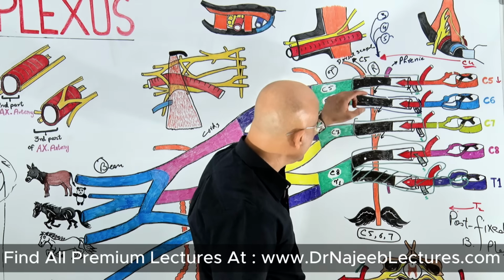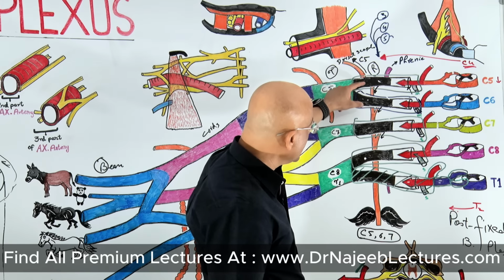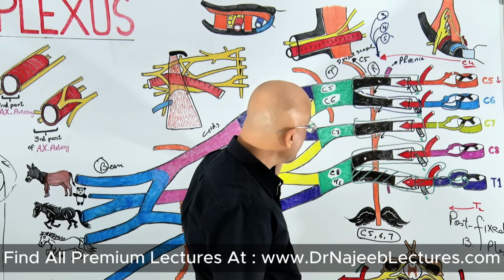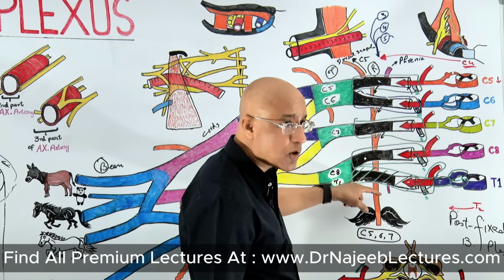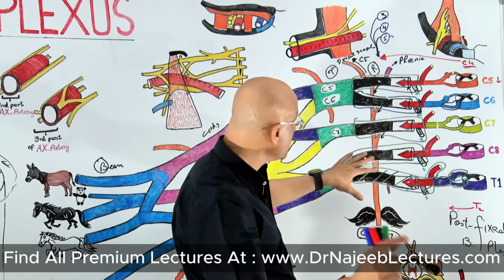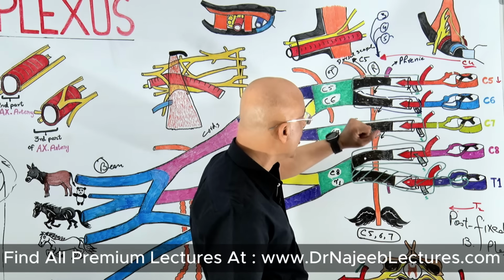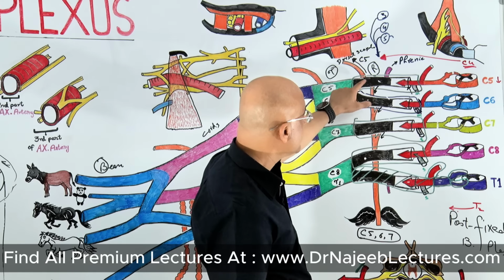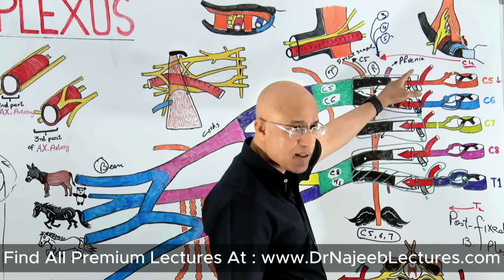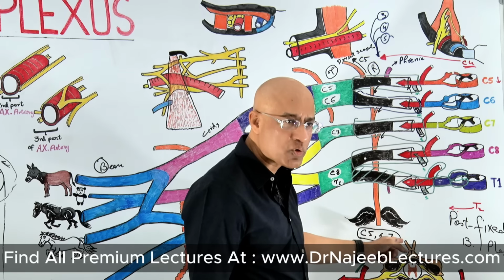So now, the very special question which was asked: are these roots identical or are there some differences? I was telling the differences, and due to this question we are able to learn a lot, that C5 has something special. Number one, it gives a branch to the phrenic nerve, which other roots don't give.